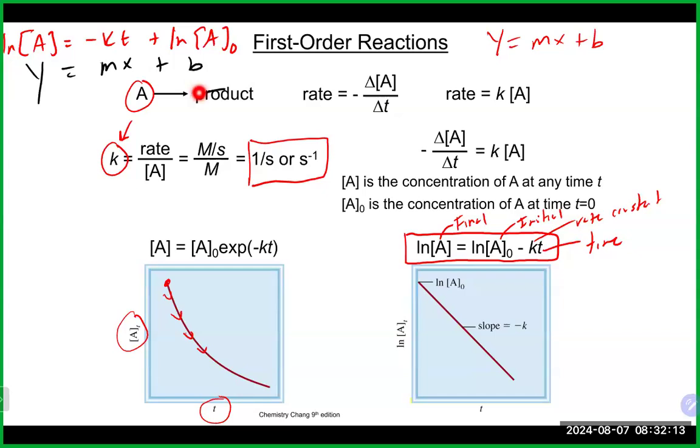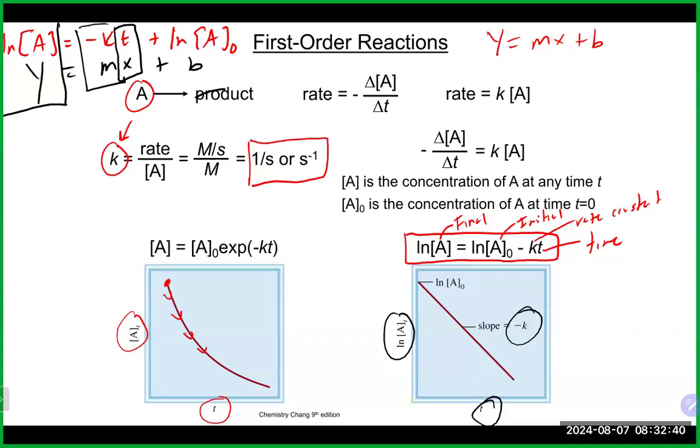So this is where we get our linear relationship for a first order reaction. If we graph the natural log of A on the y, and the time on the x, we get a straight line. And this line will have a negative slope, where if we take the slope of that line, we could graphically determine the rate constant for that reaction, which is a common procedure.